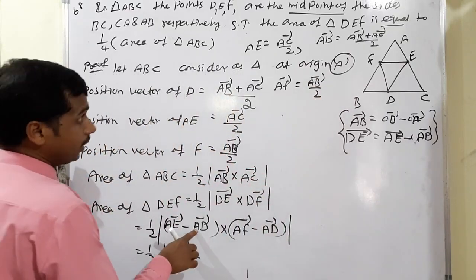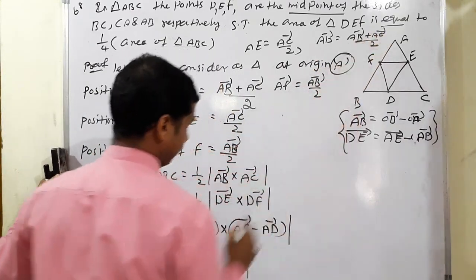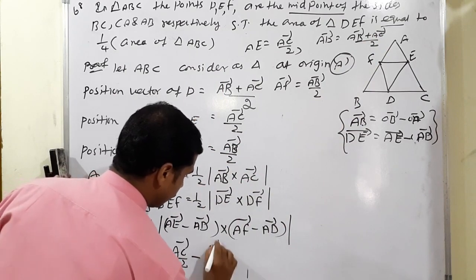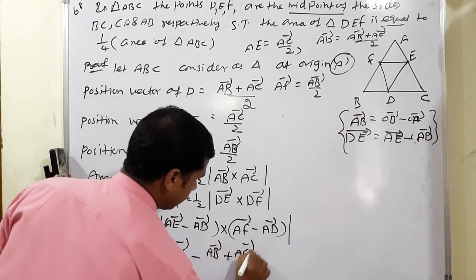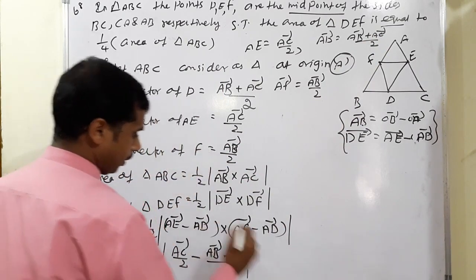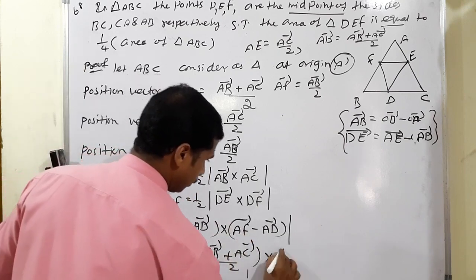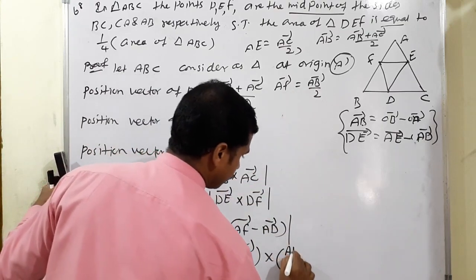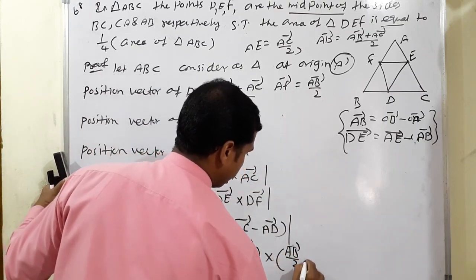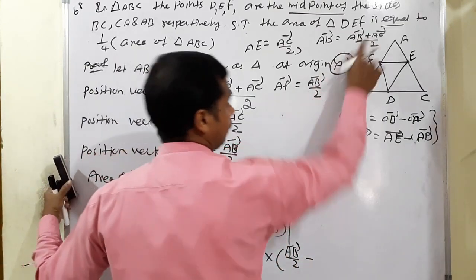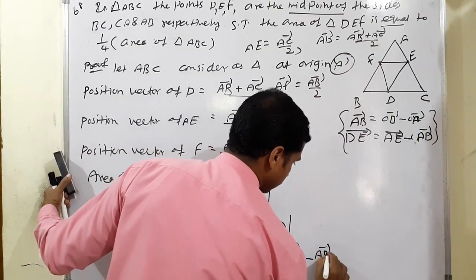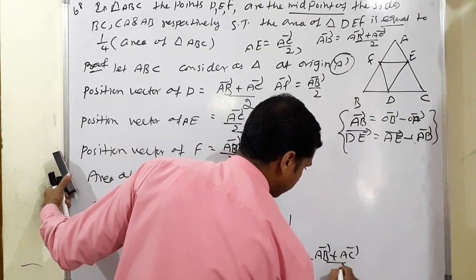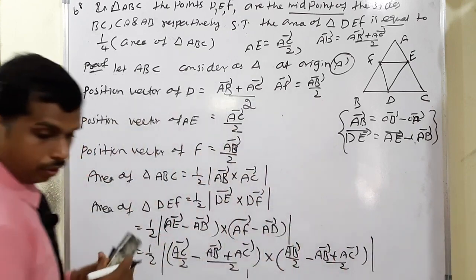Now AD vector means AB vector plus AC vector by 2. The next one, this is the first condition, into cross, no, then AF means AB vector by 2, AB vector by 2 minus AD vector, which means AB vector plus AC vector by 2. Close modulus.